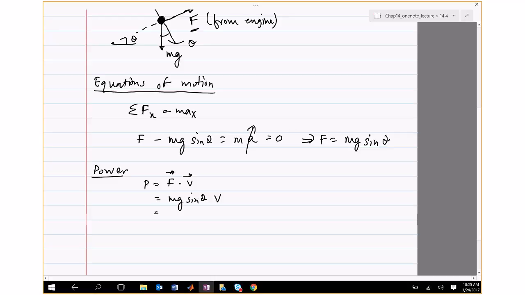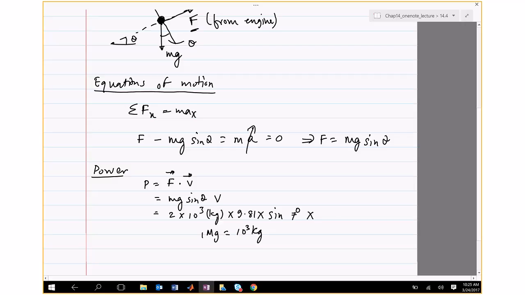So the product of force times velocity is positive. So the mass is 2 into 10 raised to 3 kilograms, right? Because 1 megagram is 10 raised to 3 kilograms, and the weight was given to be 2 megagrams, times 9.81 for gravity, sine of 7 degrees, because that's the slope, times the velocity, which is 100 kilometers per hour.